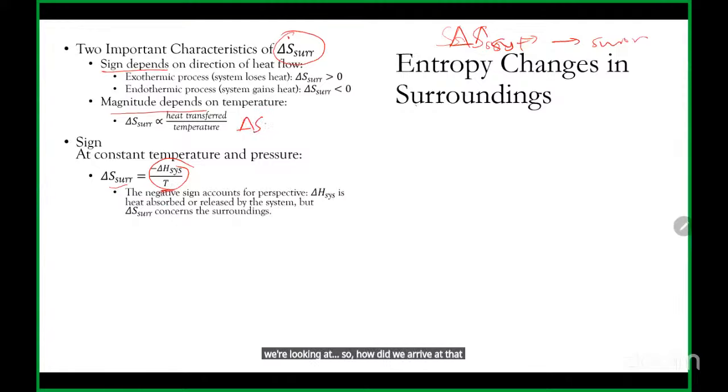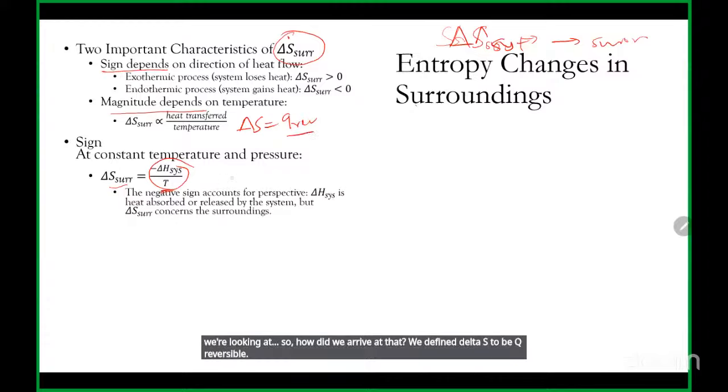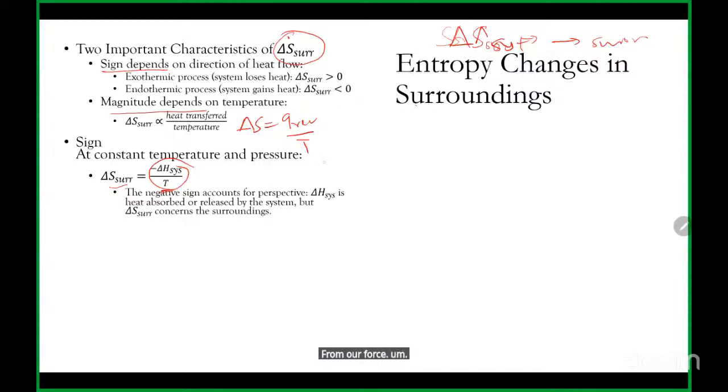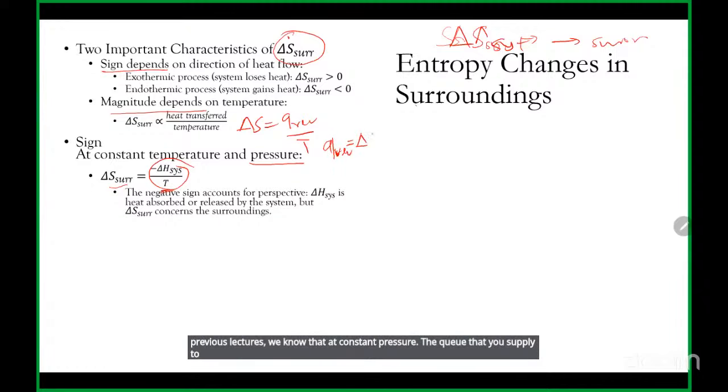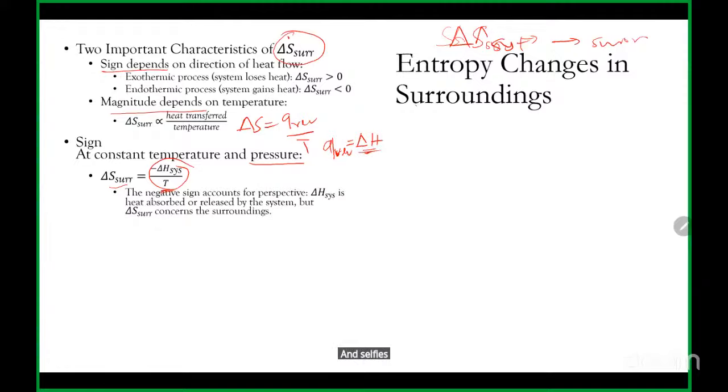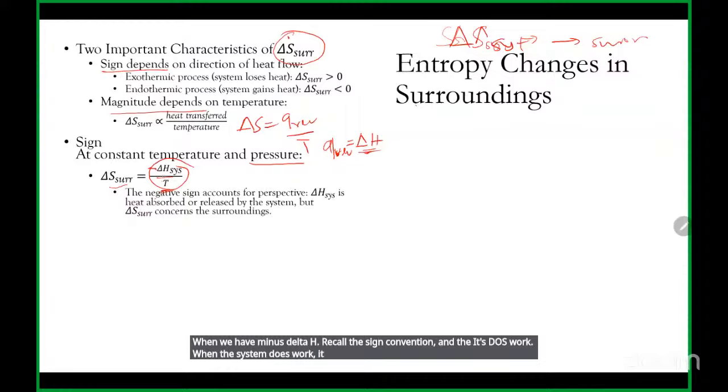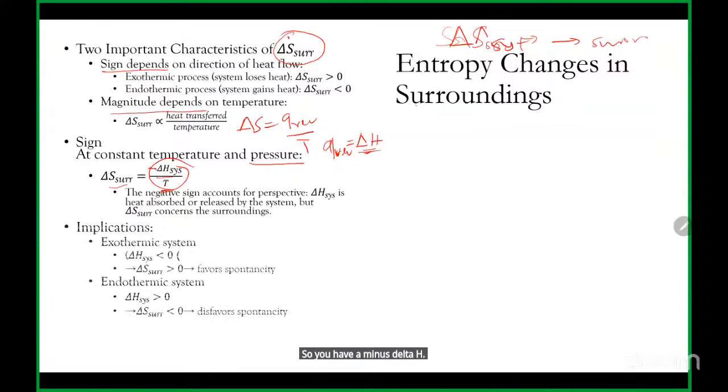We defined delta S to be Q reversible over T. From our previous lectures, we know that at constant pressure, the Q that you supply to the system is equal to the change in enthalpy. And because we are defining it with respect to the system, then we have minus delta H. Recall the sign convention: when the system does work, it's minus Q. So you have a minus delta H on the surroundings.